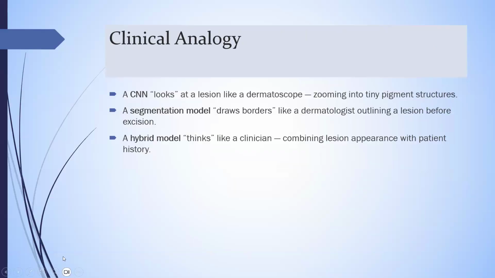As a clinical analogy, a CNN looks at a lesion like a dermoscope, zooming into tiny pigments and vascular spots or markers that are identified. The CNN looks at these lesions in an elaborate manner. And then the segmentation, as I told you, draws the borders to decide on the clearance given by the surgeon. And a hybrid model thinks like a clinician.